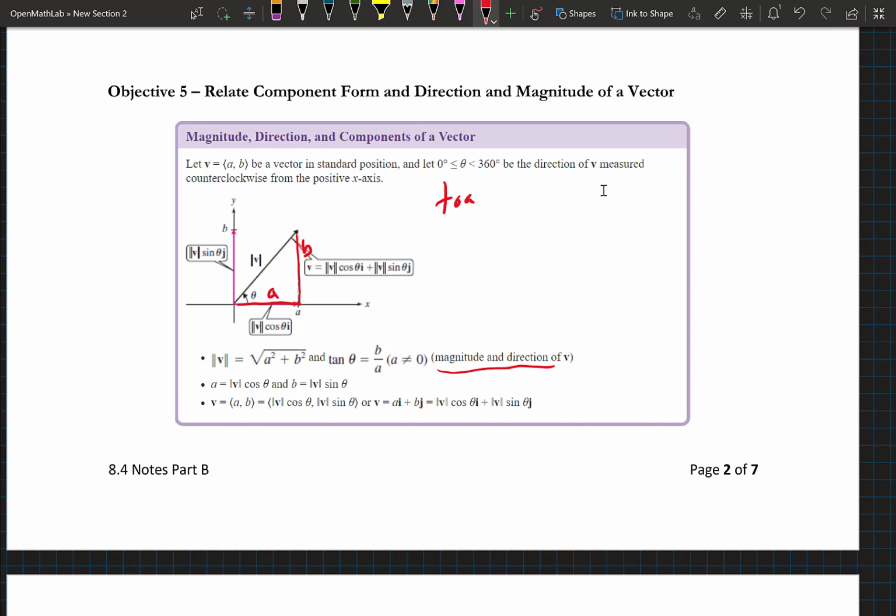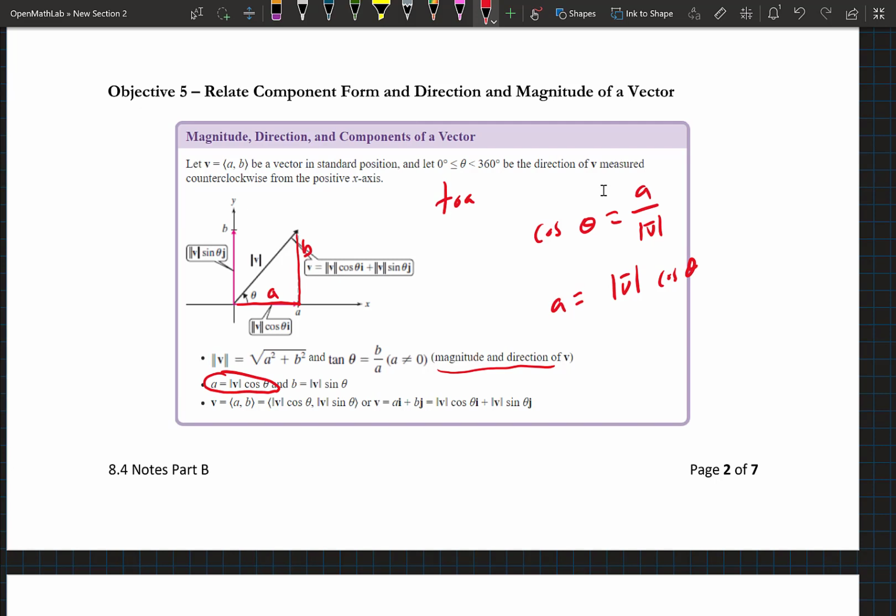And then we can actually calculate a and b by using cosine and sine. For example, I could get cosine of theta equals the adjacent over the hypotenuse, which is the magnitude of v. Then I can multiply both sides by the magnitude of v and get a equals the magnitude of v times cosine of theta. That's where that comes from.